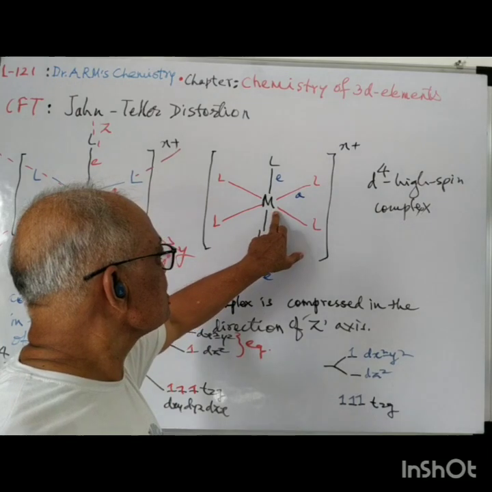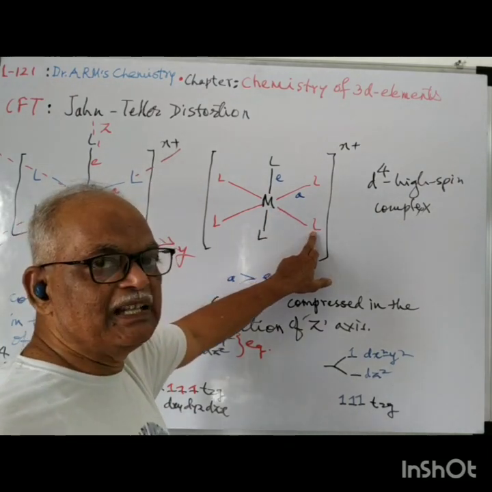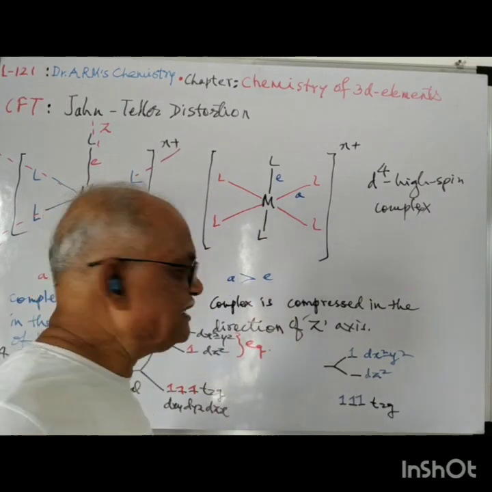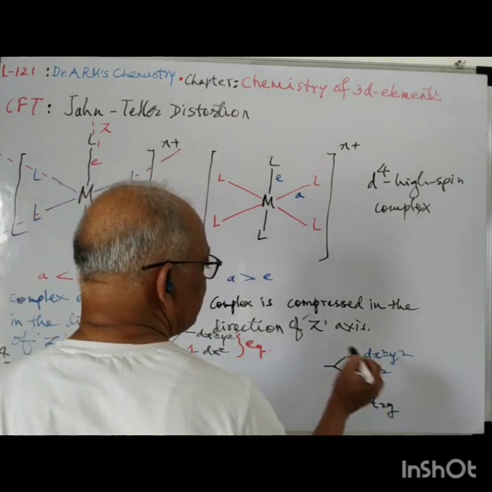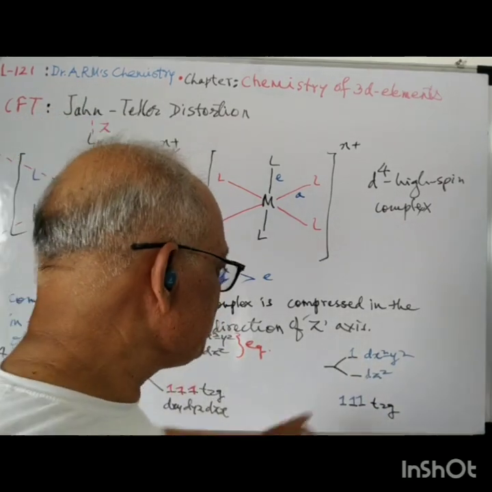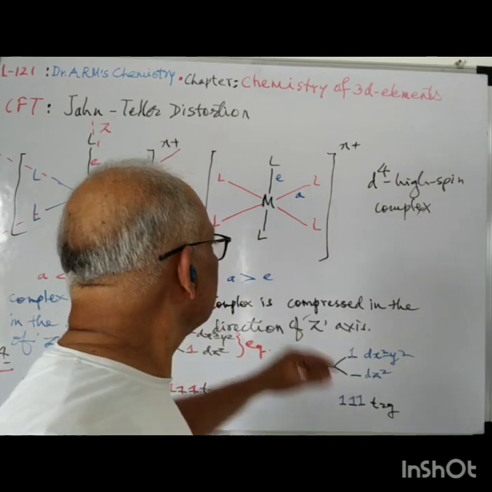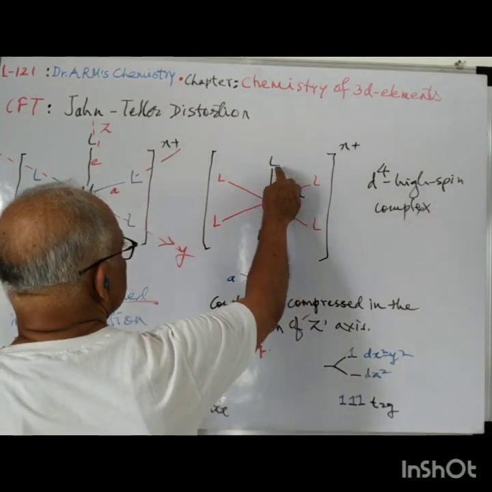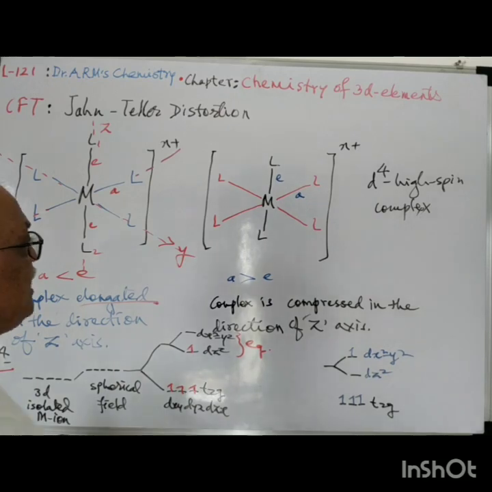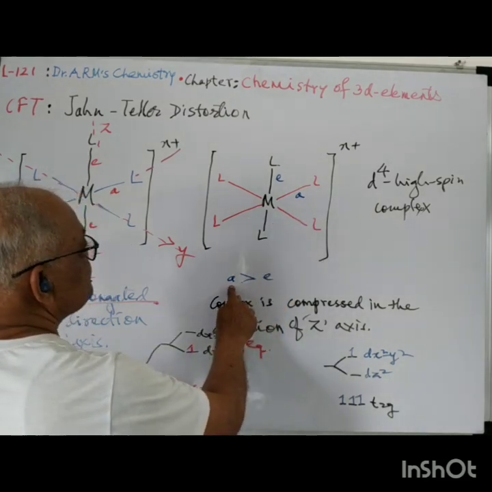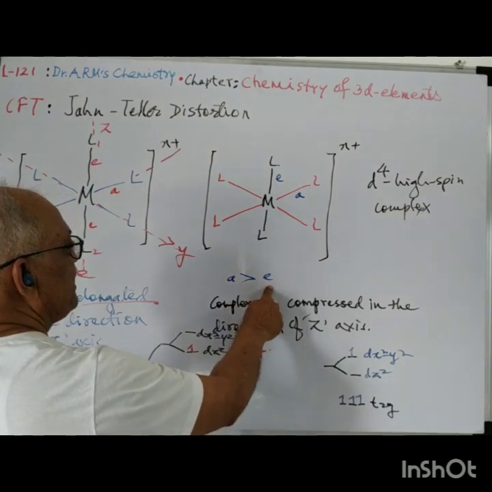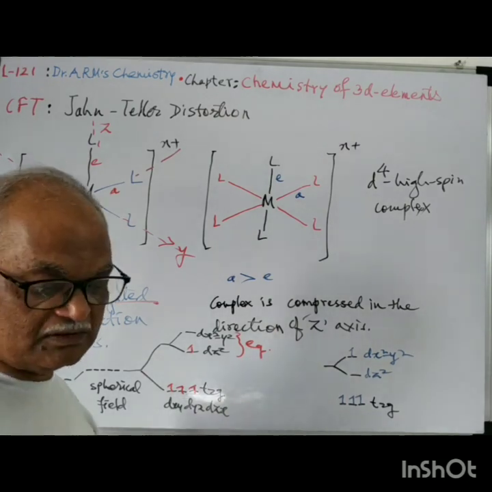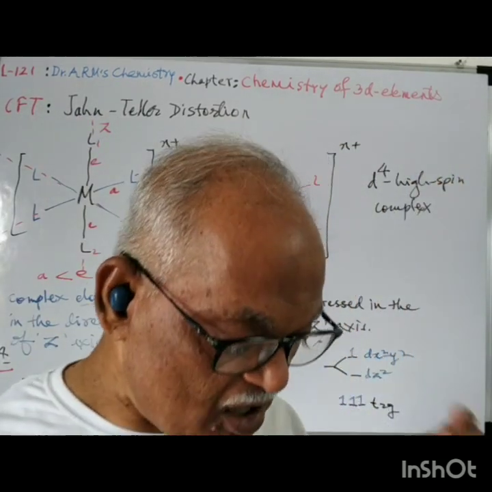As a result, the metal will repel these four ligands which are present in the square plane. And here dz2 has no electron, so it will not show any repulsion in the direction of the z-axis. As a result, the metal-ligand distance in the plane is longer than along z. So this is called the Jahn-Teller distortion.